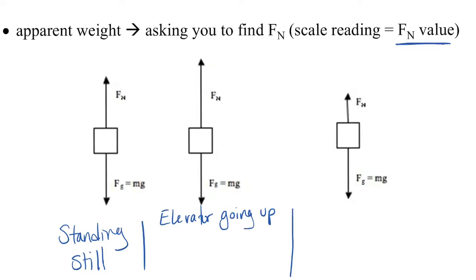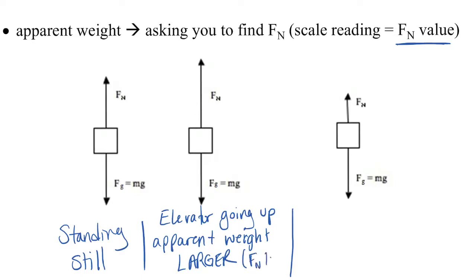So if you're accelerating upwards in an elevator, that means your normal force is larger than your gravitational force. So that's your direction of acceleration. And so therefore your apparent weight is larger. Okay? So apparent weight is larger here.